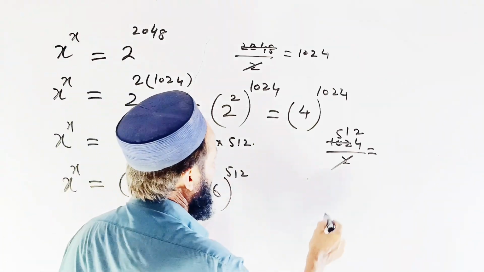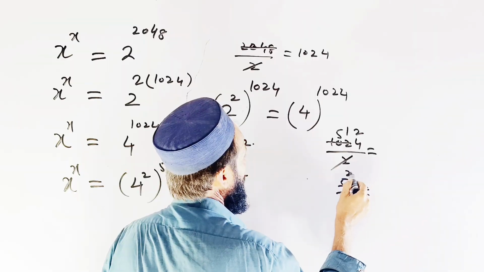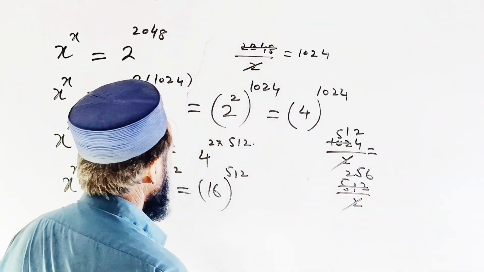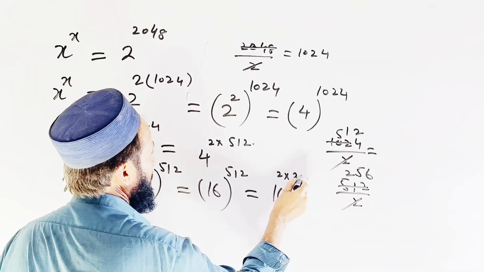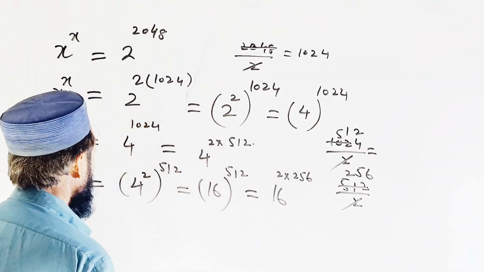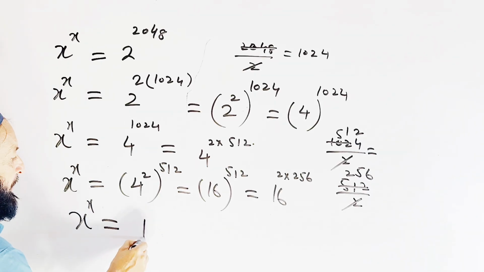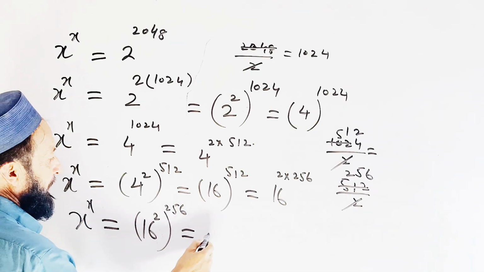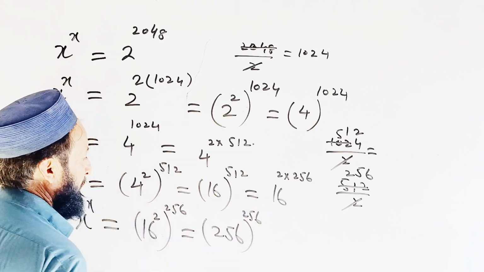Again, if we divide 512 by 2, we get 256. So this term we can write as 16 multiplied by 256, and 16 squared gives 256, with power 256.